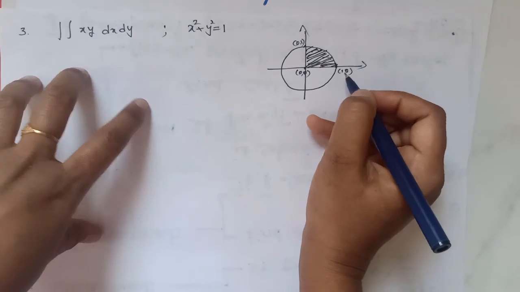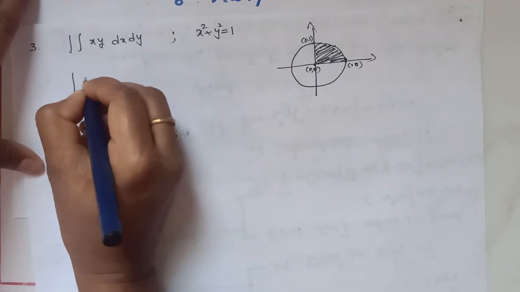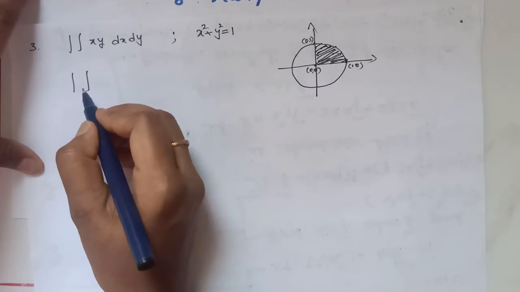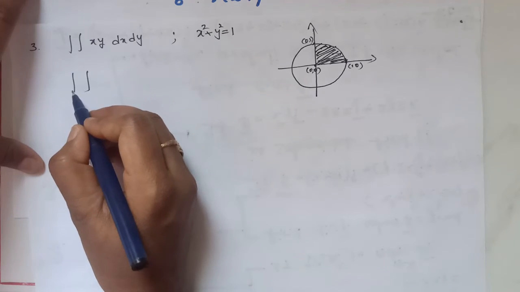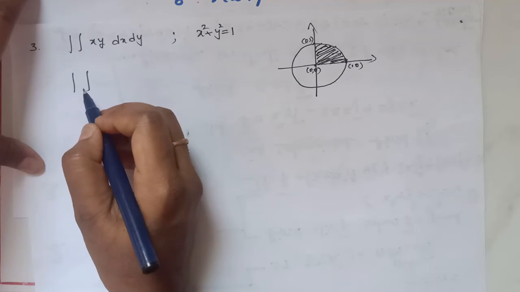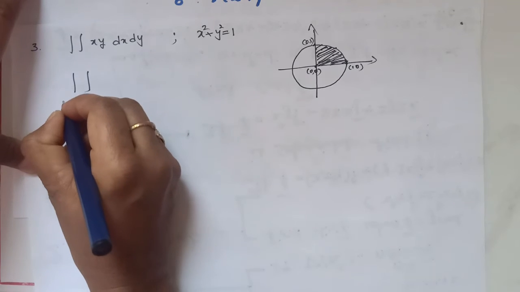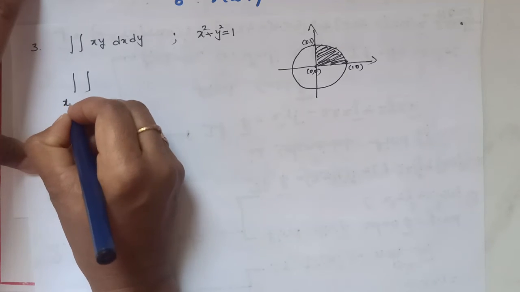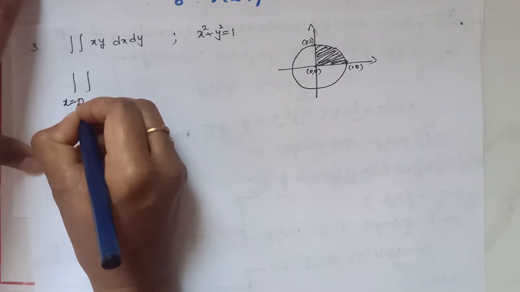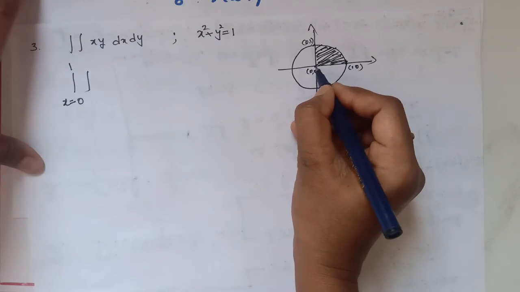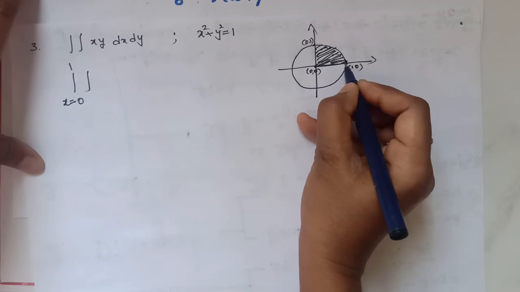Now integral, just now I said, either you take constant limits for x or variable limits for x, your choice. I am taking constant limits for x. X is equal to 0 to 1. Minimum value of x is 0 to maximum 1.